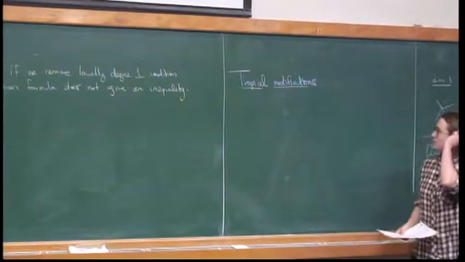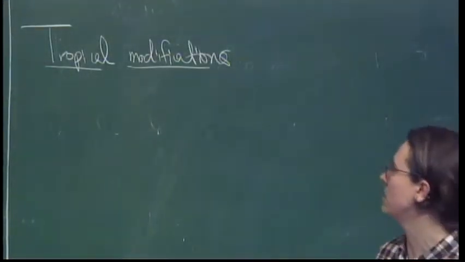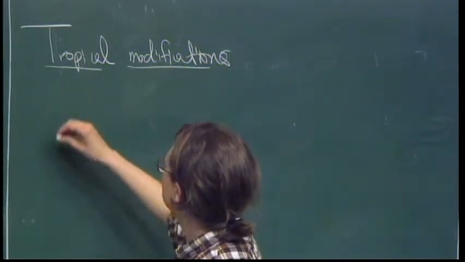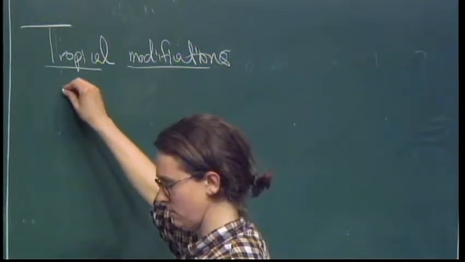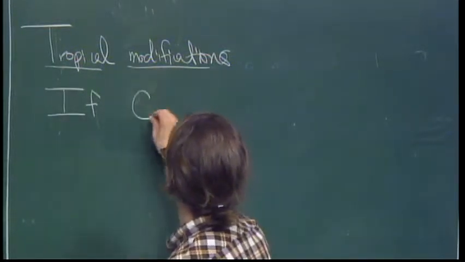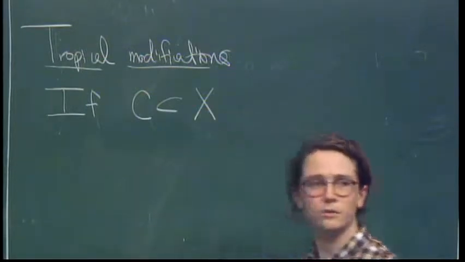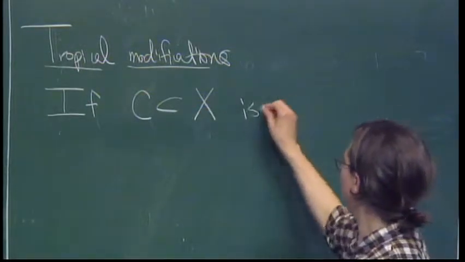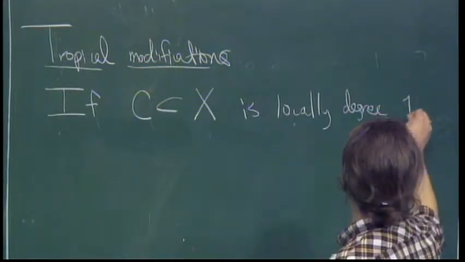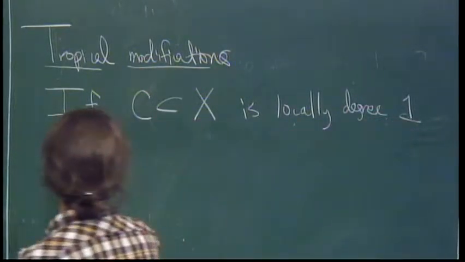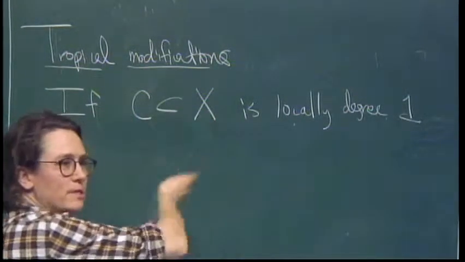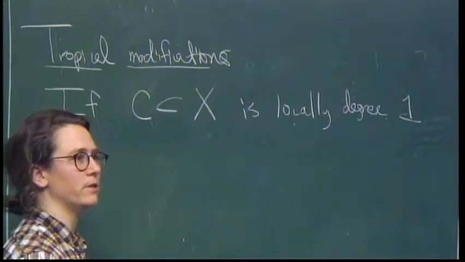Okay, so we saw some tropical modifications in the last talk, and I maybe need to start speeding up. So what is this? If we take again some curve in our surface, then we know that for any one cycle, there is some Cartier divisor that defines it.